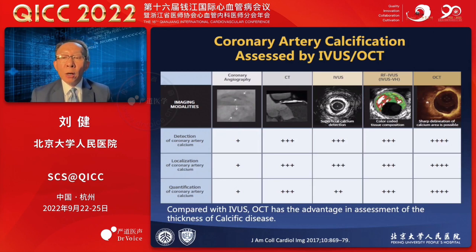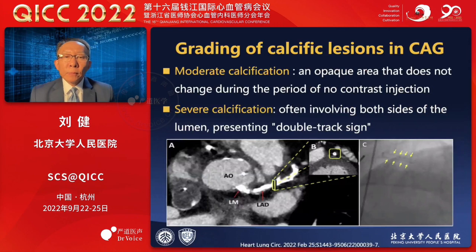And then for the PCIs, I think we still need IVUS and OCT more. And then for the comparison between IVUS and OCT, when we look at the quantifications, OCT has its advantage. But I think for the location and detection and the thickness, the two methodologies are equivalent.